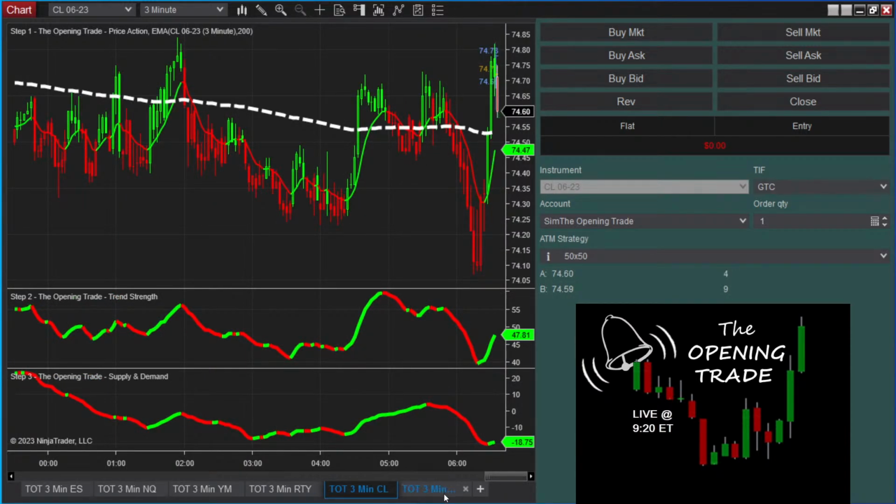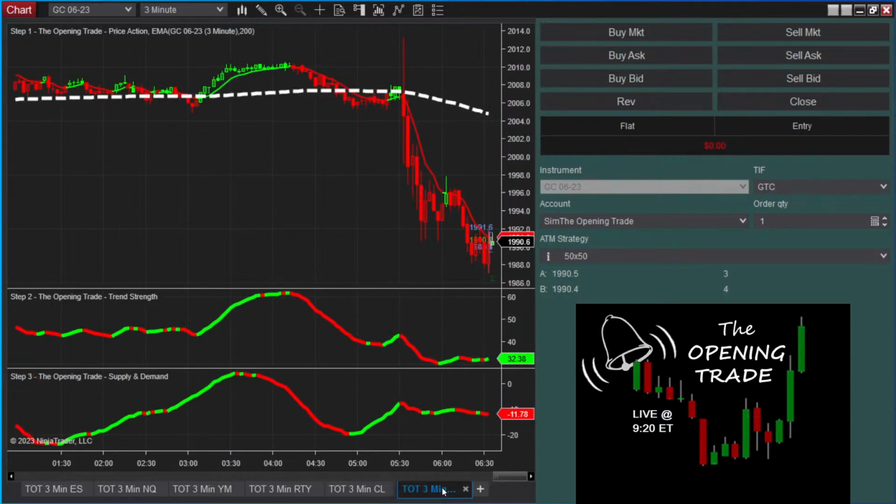Crude oil is also making its way down, and gold, we got one green indicator, which could be the indication that it might be on its way back up to the 200 period EMA. But to be absolutely sure, we need to see more than one green indicator. We need to see a few, right?